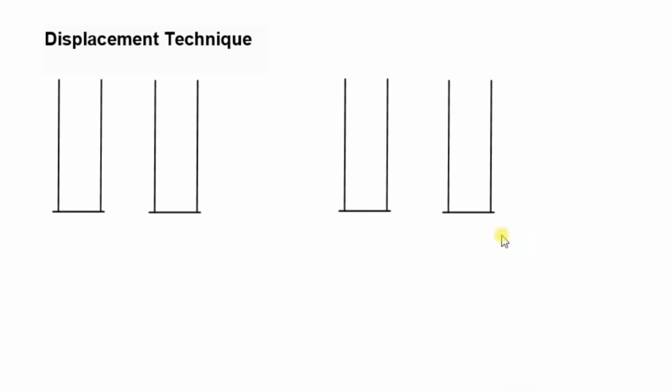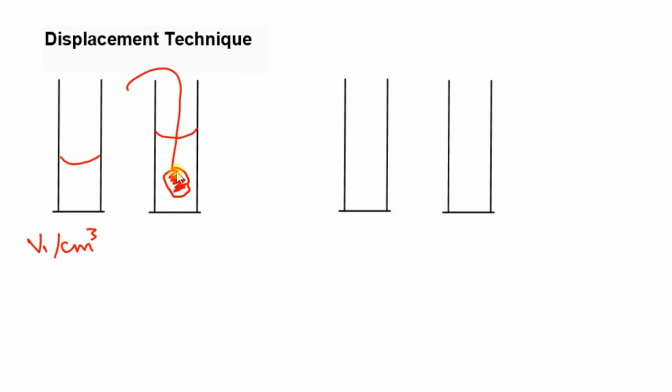The displacement technique. First, we need to add some water. Some students normally say fill the measuring cylinder with water, but if the measuring cylinder is full, you can't add any more objects to it. So we add some water to a measuring cylinder and record the volume V1. Then gently we immerse the object that we need to measure.